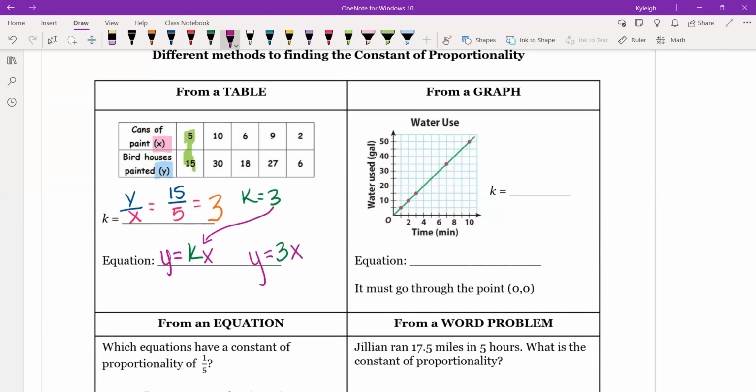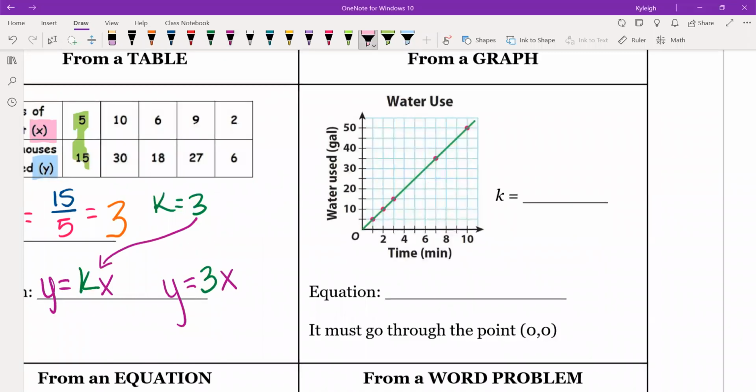So there's something special about a graph though. Okay, so we've done this from graphs before. We have to find an ordered pair, right? So we can choose any one of these ordered pairs on the graph. I'm going with the second one now. I'm doing that because I can actually see those numbers. So it's 2 and 10.